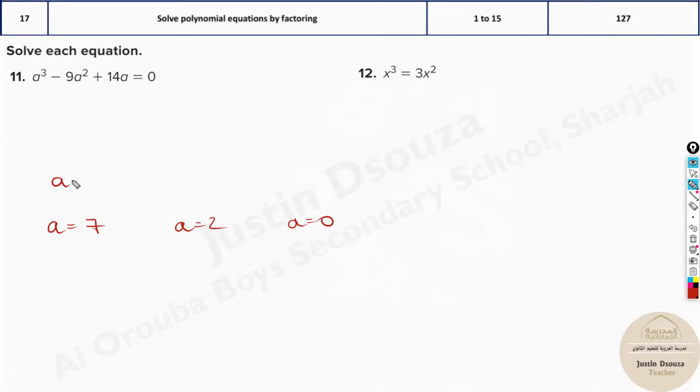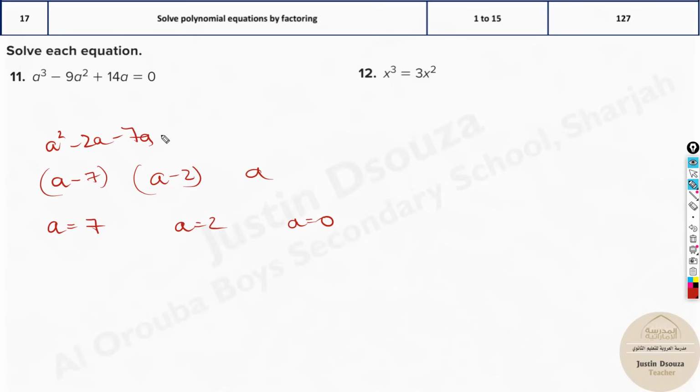What happens? It becomes A minus 7, and over here it will be A minus 2, and over here A minus 0 is just A. And then try multiplying these binomials and write it upwards, because this is the answer. You're going up and up to this question now. A times A is A squared minus 2A minus 7A.